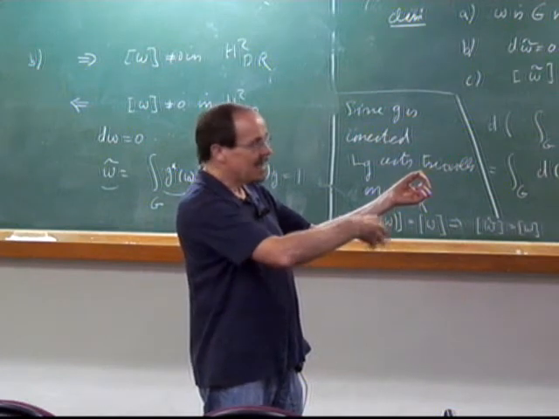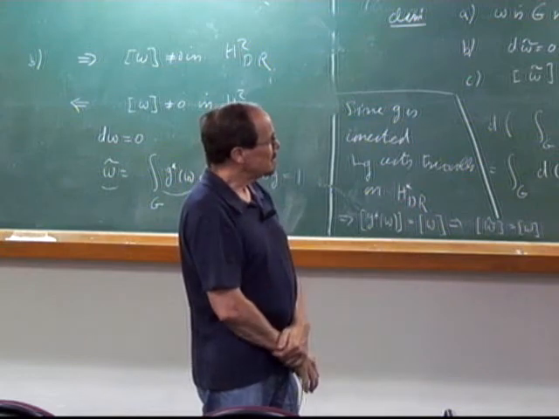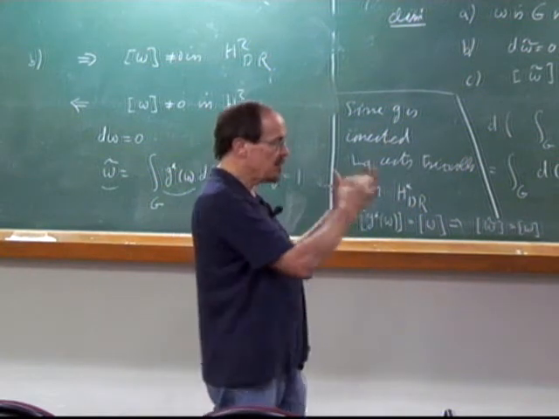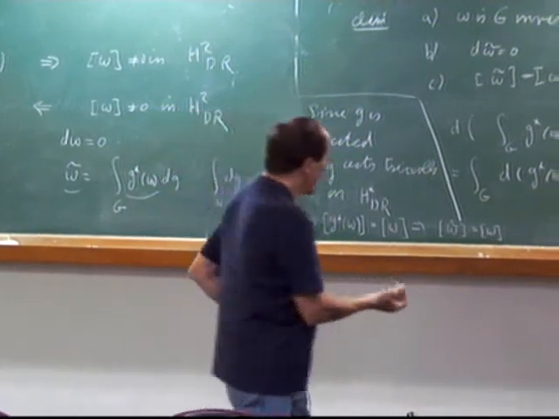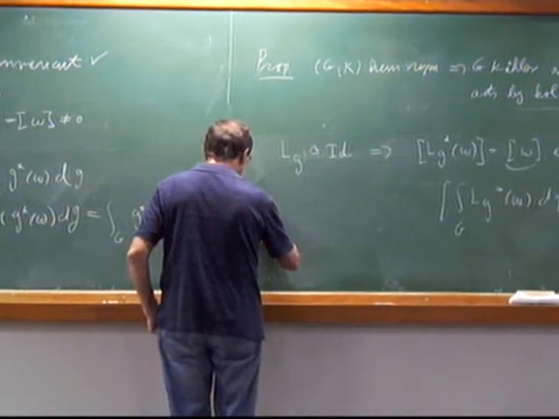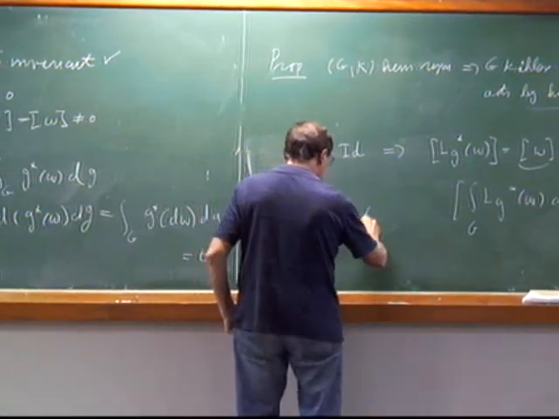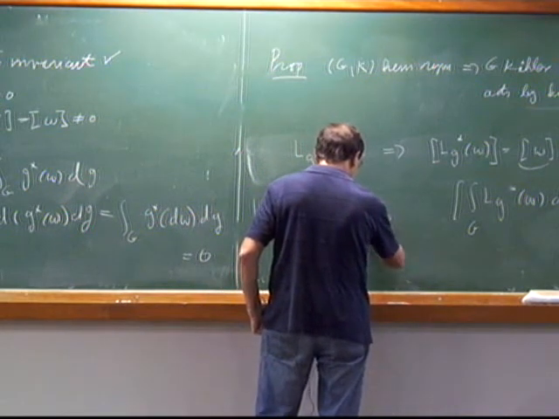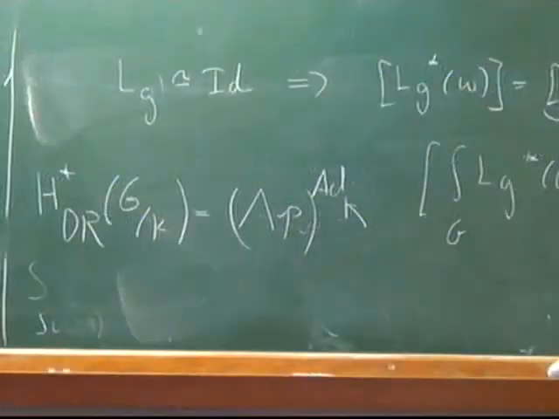So I look at that algebra, that's a finite dimensional algebra, and look at things that are G invariant on M, which would be K invariant on p. So maybe you can write it like this: de Rham cohomology of G mod K. Look at the algebra of p, and look at things that are K invariant.